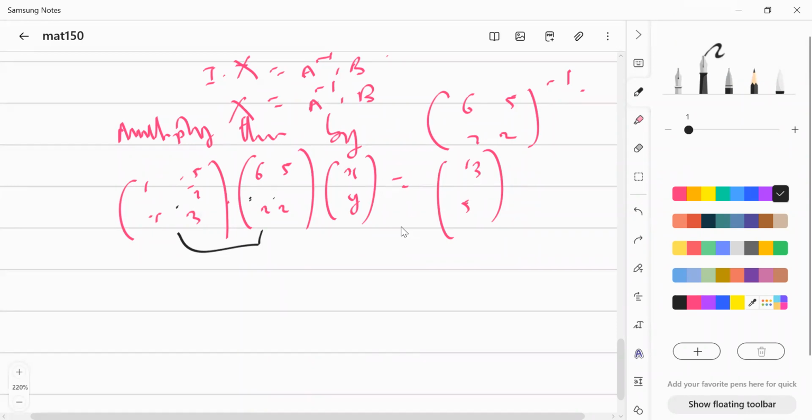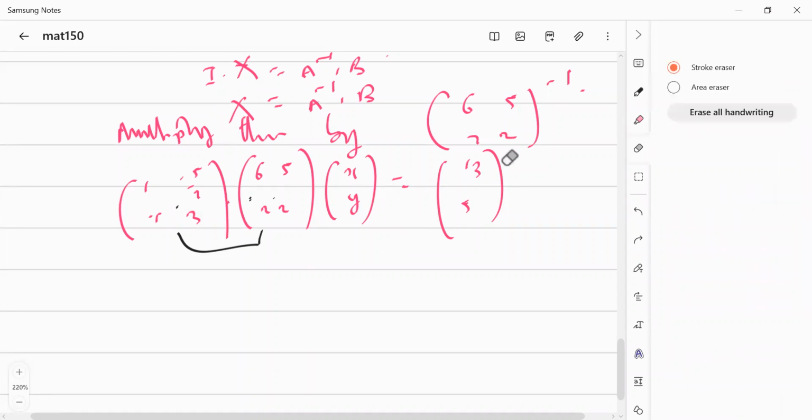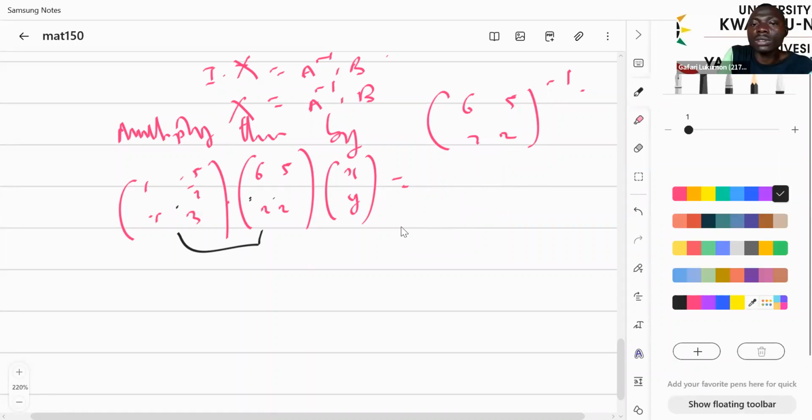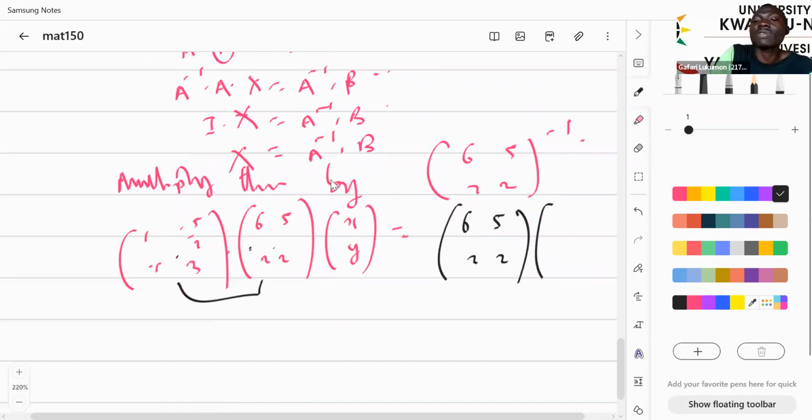So let me just clean this side. So this will be 6, 5, 2, 2, and what do we have by that side? That's 13, 5. Okay, anybody? What's the product of a matrix and its inverse? I explained the other time. Okay, I can see. Yeah, identity.